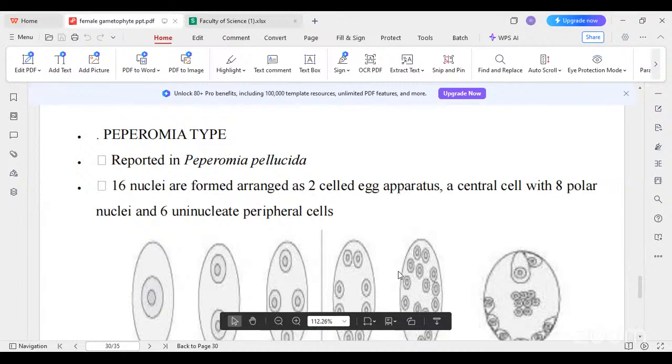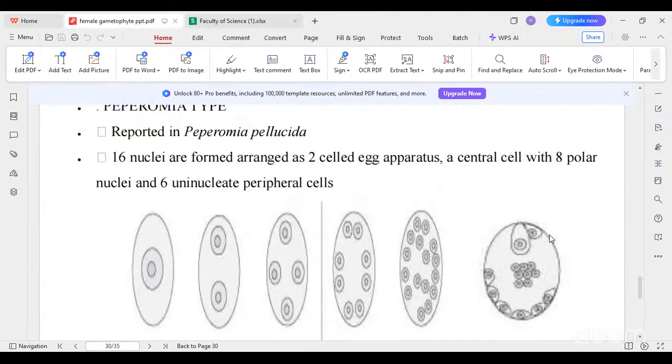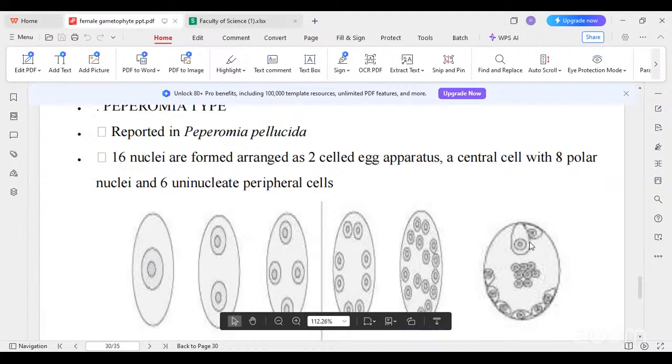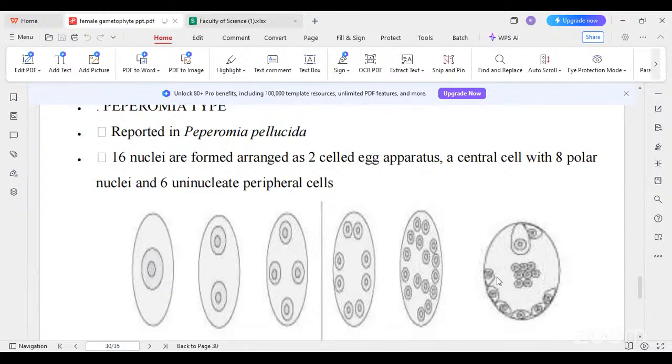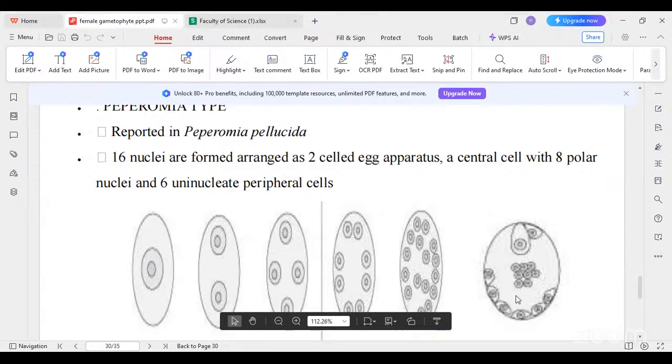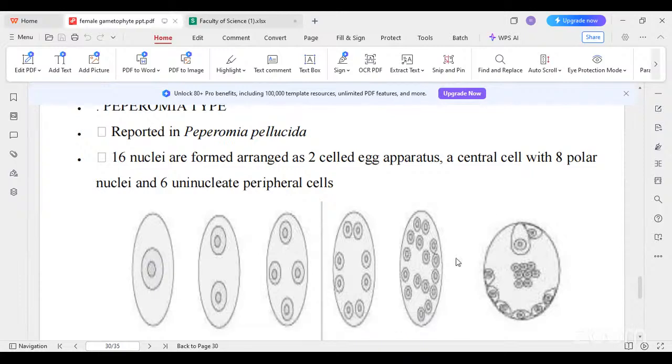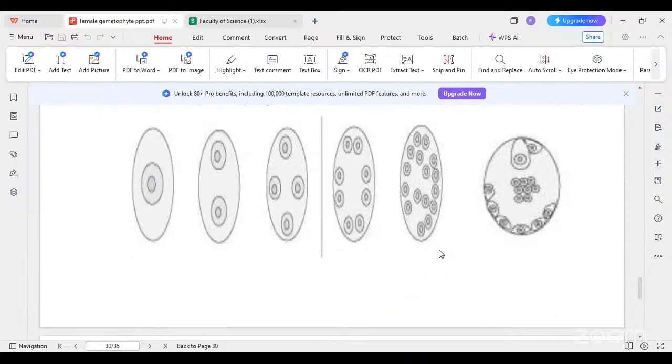You can observe two egg apparatus, a central 8 polar cells, 8 plus 2 is 10, and 6 nucleated peripheral cells: 3 plus 2 plus 8 plus 6. This one is the Peperomia type without nuclear fusion.